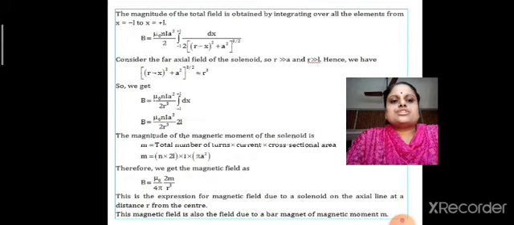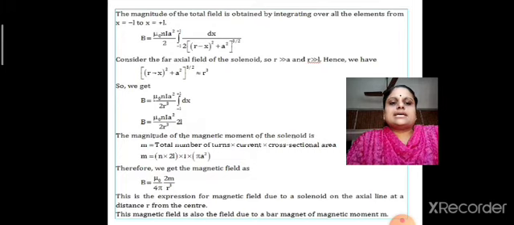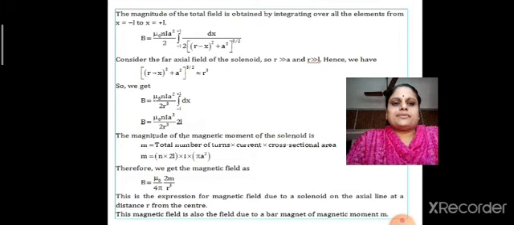Calculating the magnitude of magnetic moment of the solenoid, we know magnetic moment M is equivalent to NIA, where N represents the total number of turns, I is the current through the solenoid, and A represents the area of the loop. Here, capital N can be replaced by small n into 2L, where small n represents number of turns per unit length.